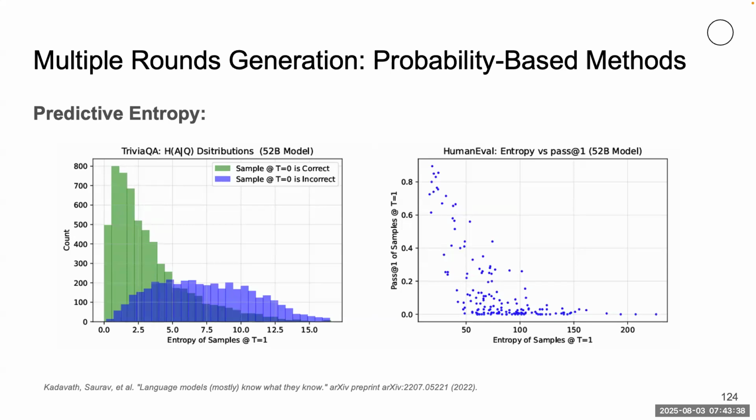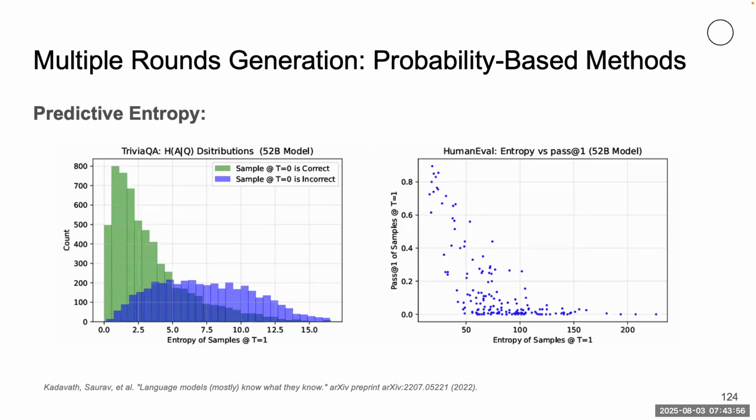This is one that I believe is on Trivia QA, and we can see that the correct samples tend to have lower entropy, and the incorrect samples have higher entropy. So the higher predictive entropy is mostly wrong answers.